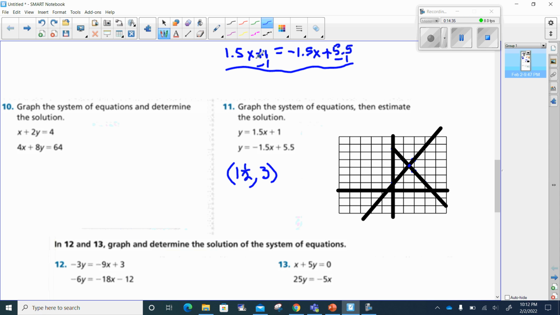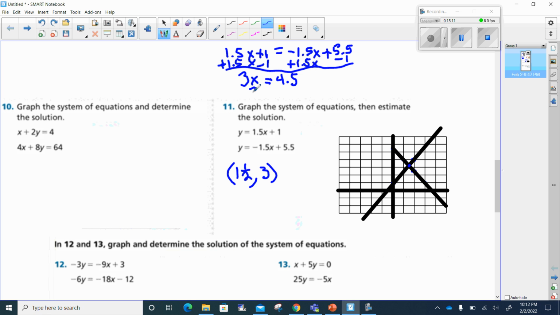I'll also have to bring my x terms here, so I'll have to add 1.5x over here, which means I will add 1.5x over here. 1.5x plus 1.5x equals 3x, that has to be equal to 5.5 minus 1, which is 4.5.